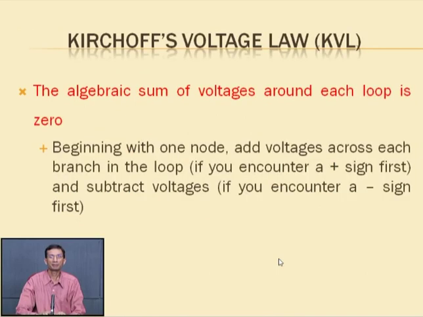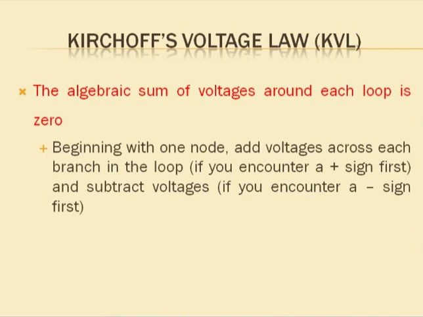Now, after having this much knowledge, we are going to discuss Kirchhoff's laws. Kirchhoff is the name of the scientist who gave two very important laws in electrical engineering. The first is known as the voltage law, and the second is known as the current law.